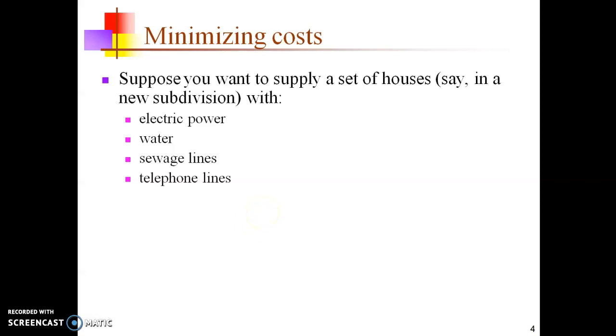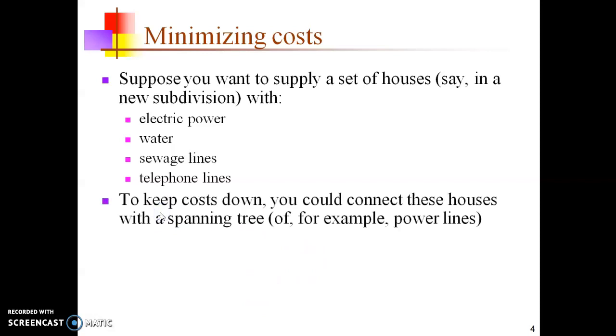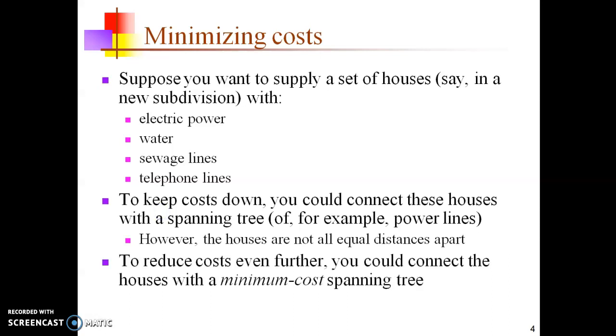There's no telephone poles and stuff like that. So you better do this because it's going to cost a little bit to dig all those things. To keep the cost down, you could just use a spanning tree, but of course that may not be minimal. Not all the houses are equal distances apart, so you'd like a minimum cost spanning tree.